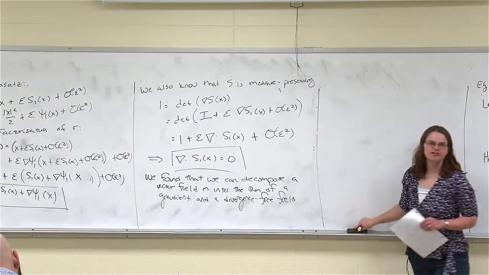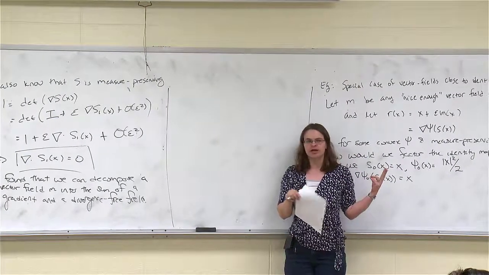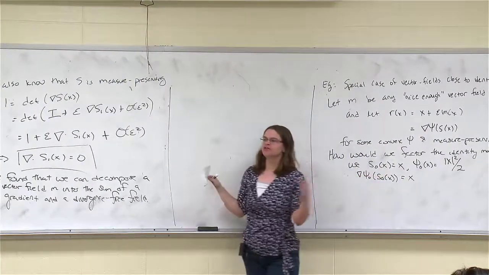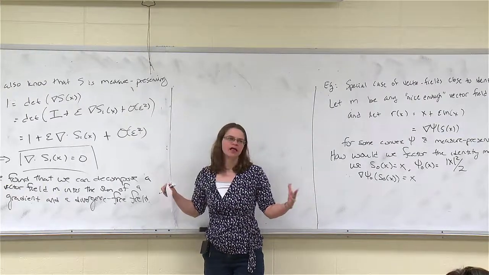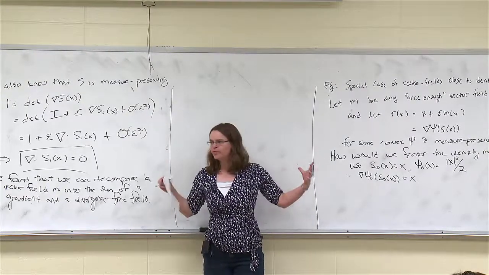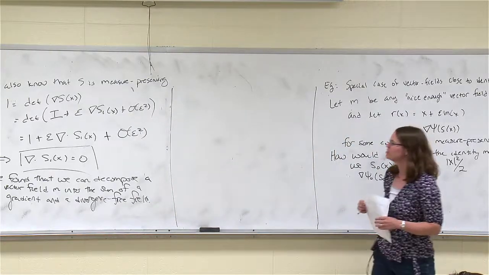So somehow inside this polar factorization theorem is the Helmholtz decomposition. You can think of polar factorization being like a nonlinear generalization of Helmholtz. And if you decide to linearize your polar factorization theorem, Helmholtz falls out as sort of a special case.